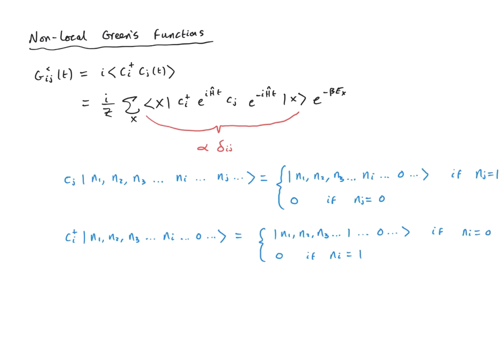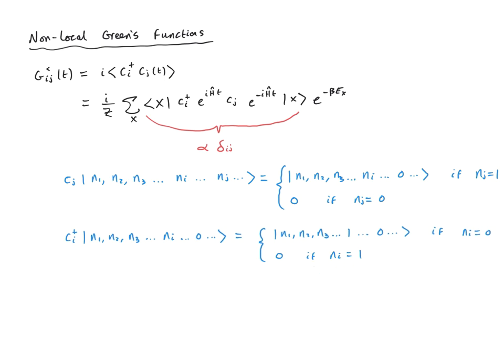Let's now consider feeding this ket back in and operating on it with c i dagger, the creation operator for orbital i. This will again annihilate the ket if n i this time is equal to 1. That's because of the Pauli principle. I cannot create an electron in the ith orbital if it's already occupied.